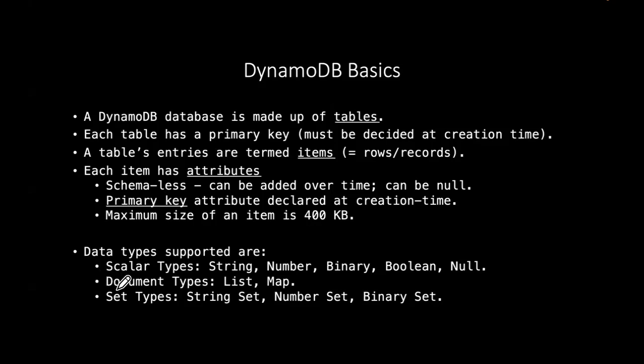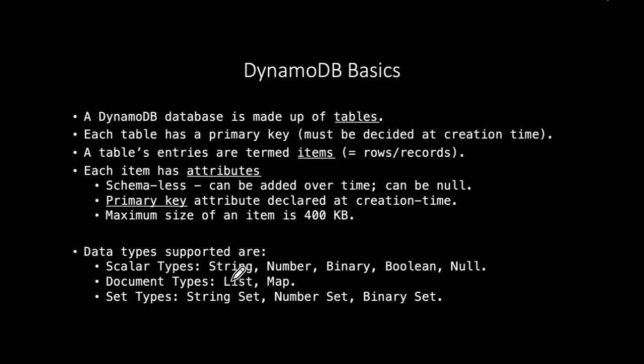So what this means is that one attribute in an item of a table could be an entire document. And document here, think JSON document. A JSON document is a set of key value pairs. So a single attribute of a single item in a table could be an entire JSON document.